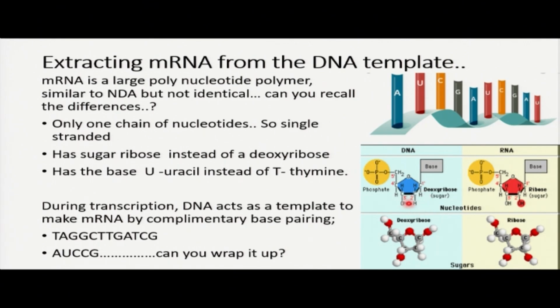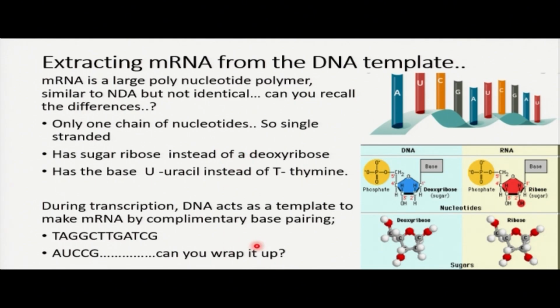The difference lies here. Check where my laser is, and on the ribose sugar where the laser is. That's where the difference is. And then the bases. We already talked about them. A, then U.